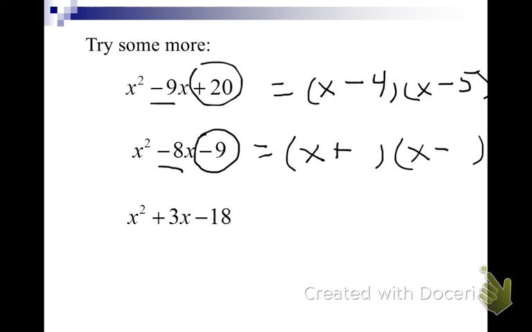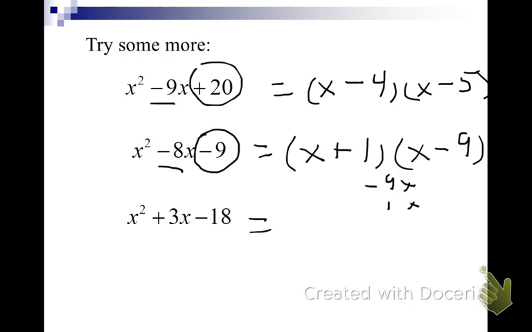So the two numbers that multiply to negative 9 and add to negative 8 are negative 9 and positive 1. Again, if I want to check to see if I have it right, all I need to do is multiply the x times the negative 9, that's negative 9x, and the 1 times the x, that's 1x, and negative 9x plus 1x adds to negative 8x. That's my solution. That's my answer.